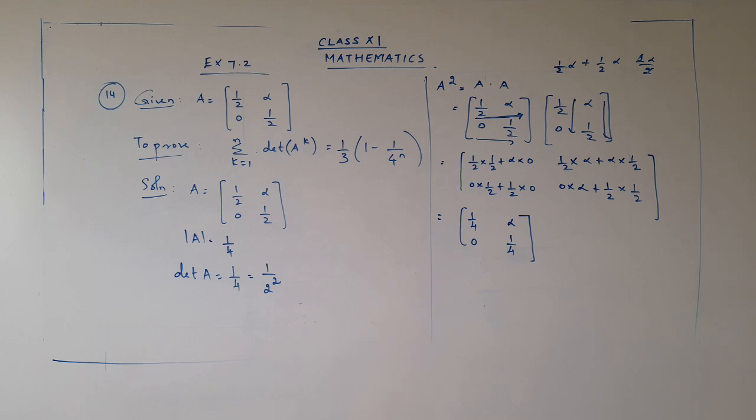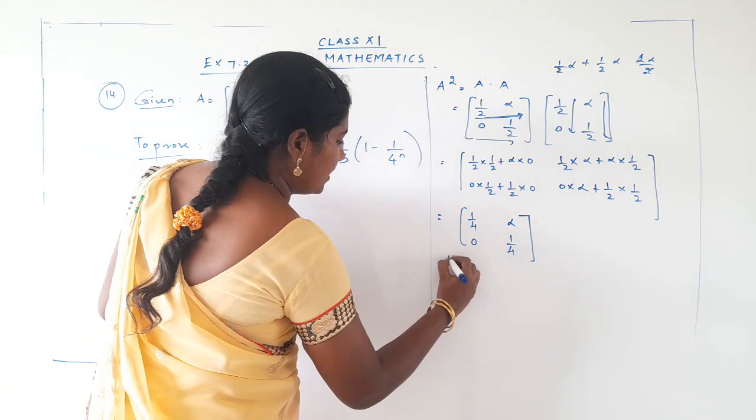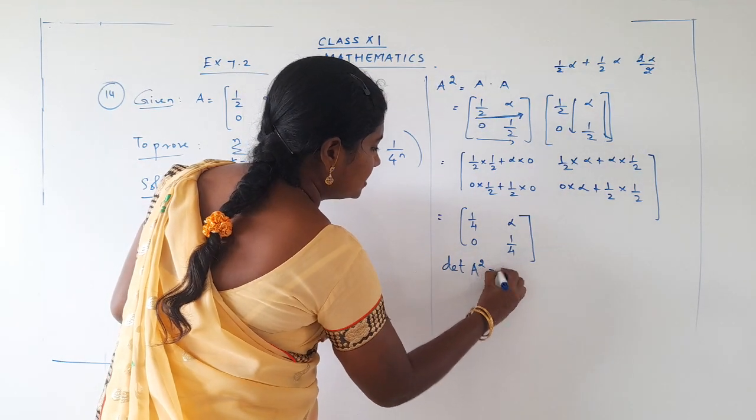Have you completed the matrix? Okay, now just see what to do for the determinant of A square. For the determinant of A square, we just cross multiply this.